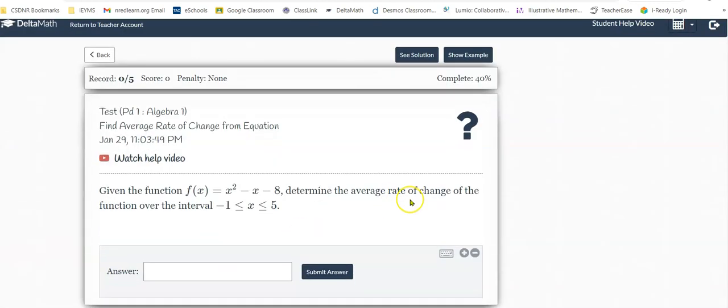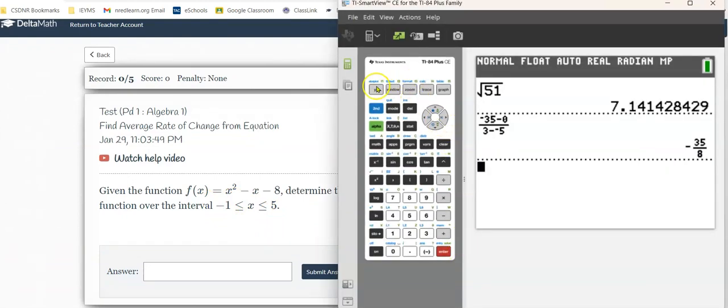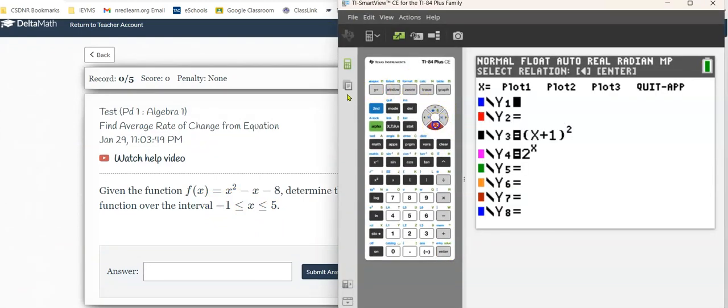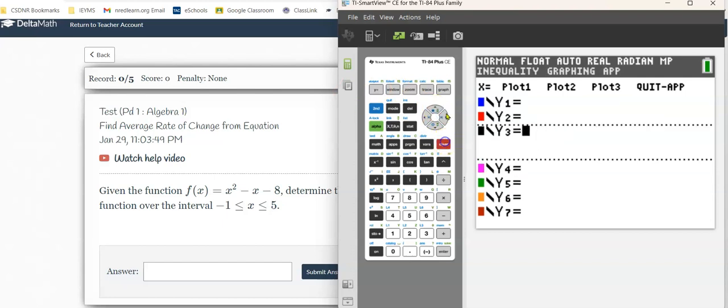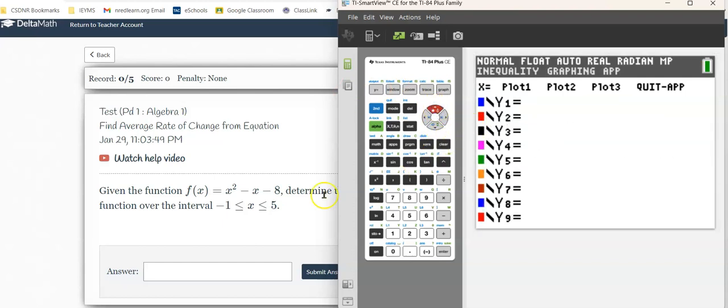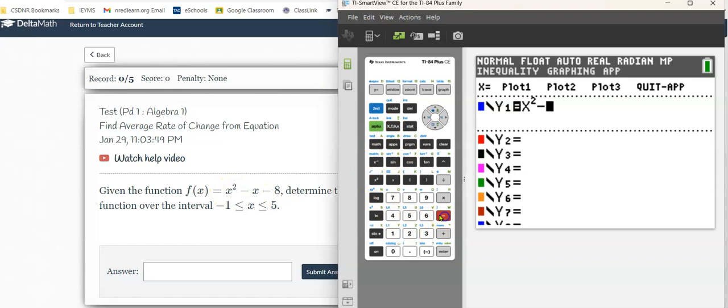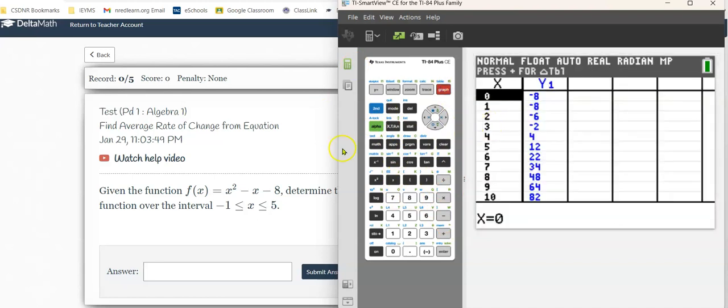All right, how about from an equation? From an equation means you need your calculator. So you go to your y equals button, you clear out any old math that's there so it doesn't confuse you in any way. And we're going to type in this function: x squared minus x minus 8. And we're going to look at the table, and we're going to grab our 2 points.